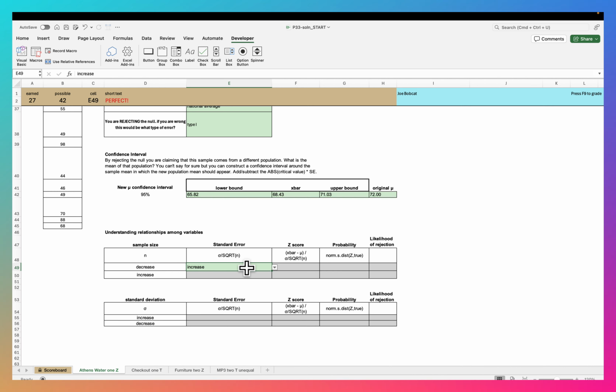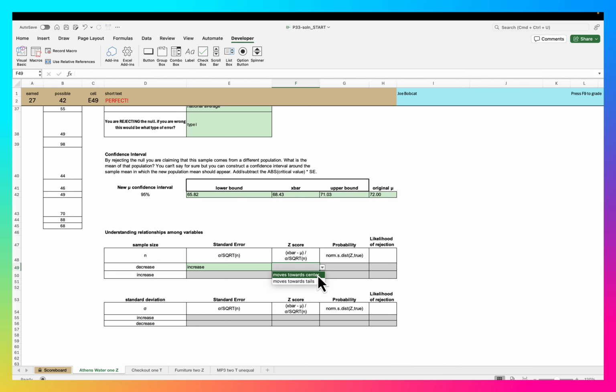All right, so if the standard error increases, what's going to happen to the z-score? Well, this increase means this whole term has increased. So this whole bottom term in this division has gotten bigger. If your bottom term gets bigger, then your z-score decreases.